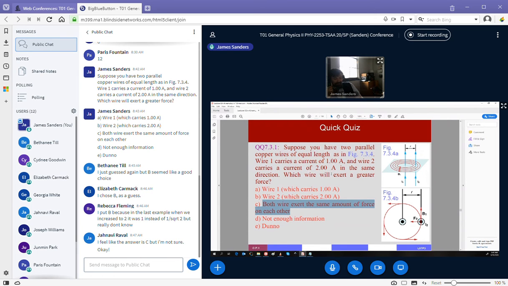How you can get that, one way is you can go and actually calculate the magnetic field and then calculate the force per unit length for both wires. The other way, the way that we like to come back to, and you've seen this a few times in Physics 1 and Physics 2, it will show up, there's a good chance, on the MCAT somewhere because it's such a great kind of question.